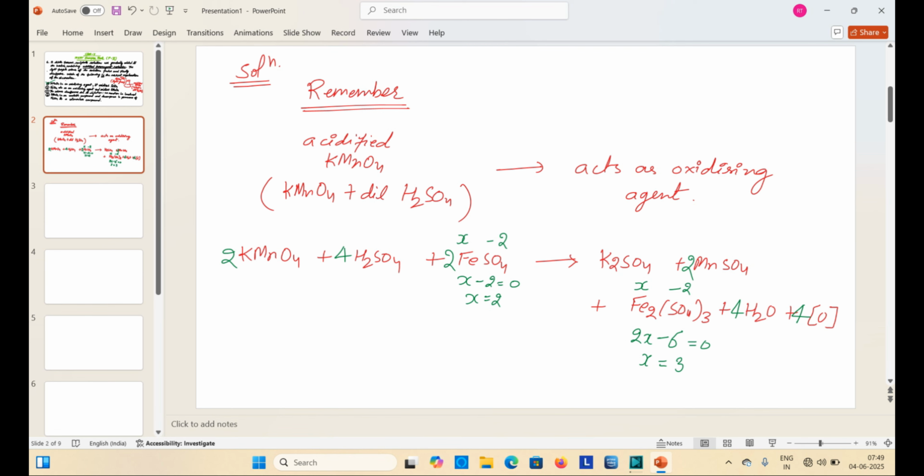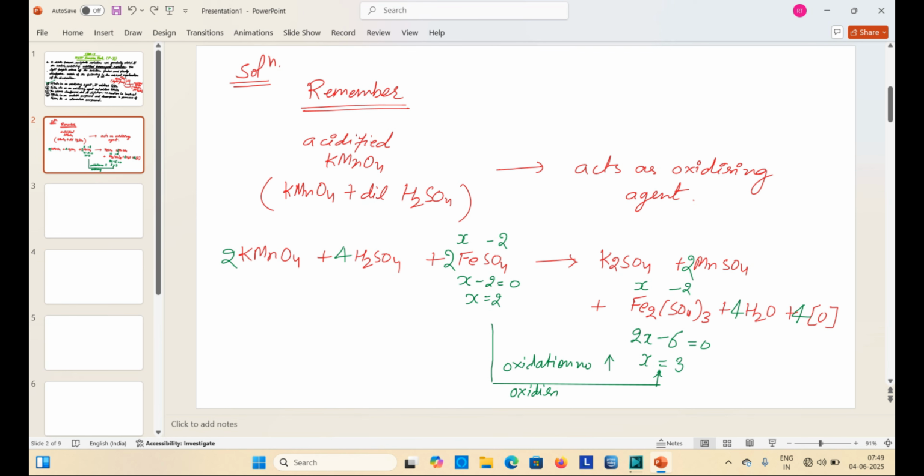So here it is being oxidized. Okay, the oxidation number is increasing. You are looking here, the oxidation number is increasing, so it will be oxidizing.